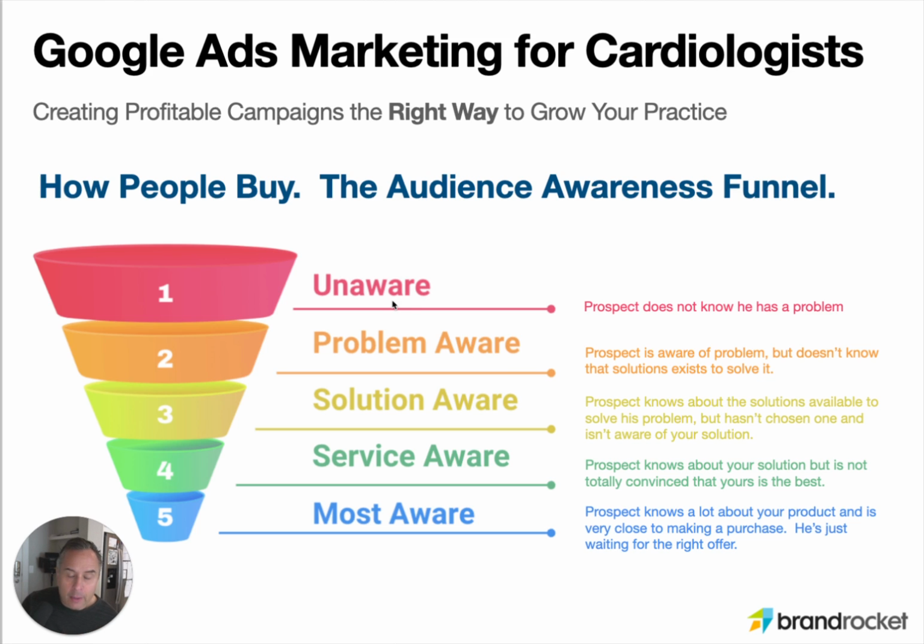So the stages of awareness: when somebody has no idea that they even have a problem, they're completely unaware. This is billboard type advertising, right? You're driving down the freeway and you're seeing billboards that most of the time have no relevancy to your life, but you're seeing it, especially if you have a commute, subconsciously a lot of times, and it's embedding those signals into your brain and creating familiarity and recognition.